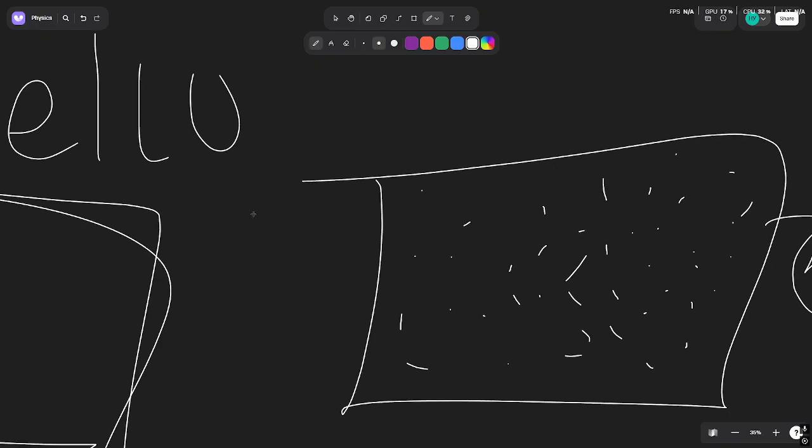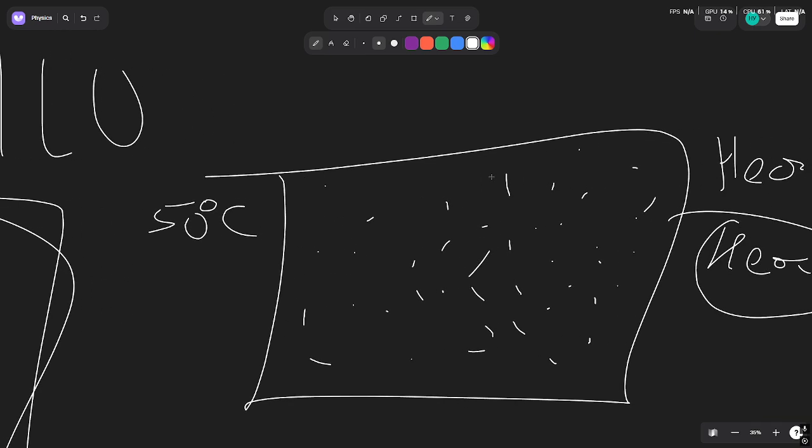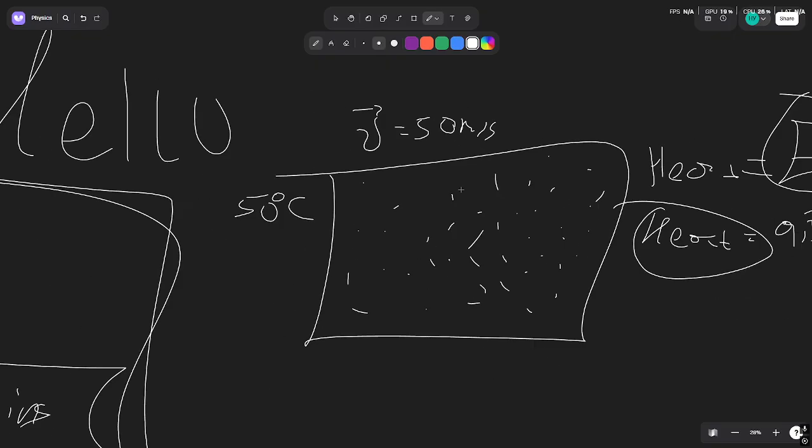So in case of, for instance, 50 degrees Celsius, molecules will move, for example, with a velocity of 50 meters per second. That's not real, this is just for example.